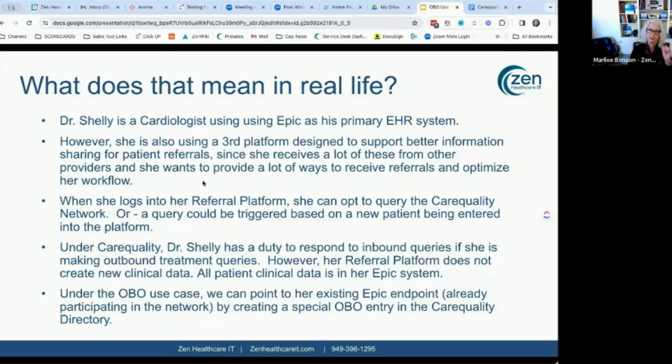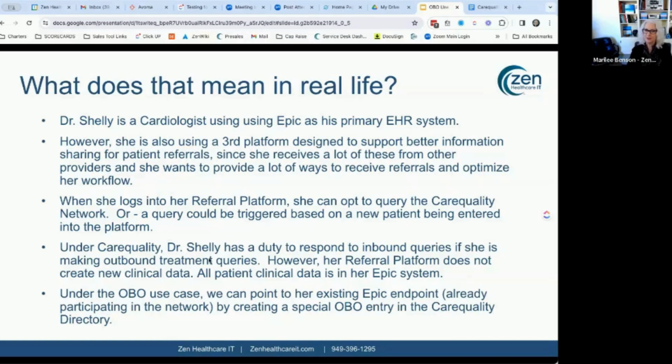She might be receiving data via direct secure messaging or electronic fax, but also wants to see if the networks have any other information about that patient before she sees them. That query could be triggered by pushing a button in the platform's UI, or there could be an automated feature where as soon as she logs in and touches a patient record, the system automatically requests that data. Different workflows could be supported in this scenario.